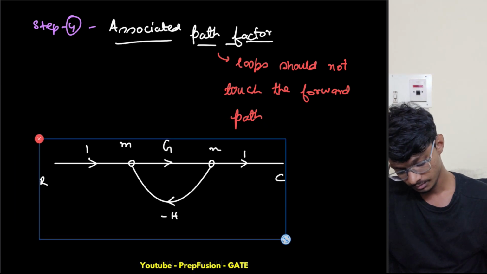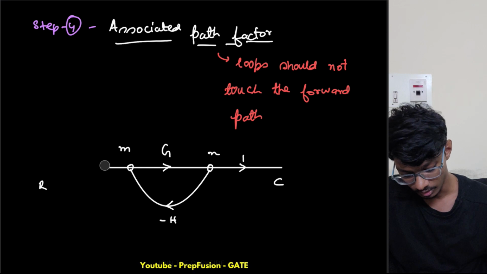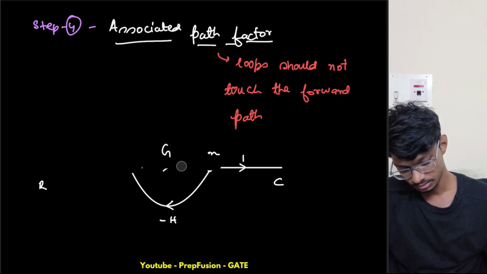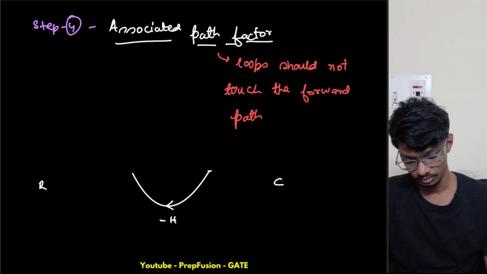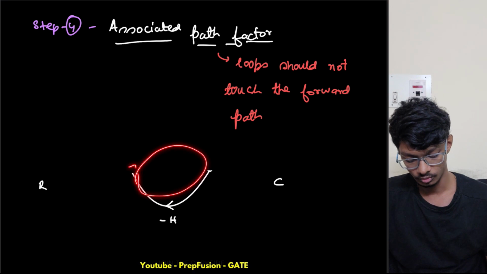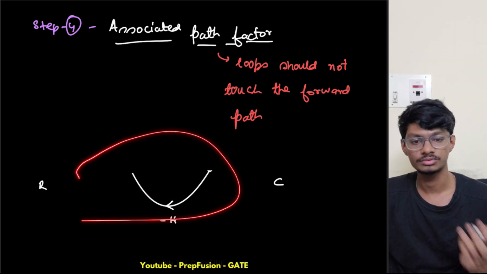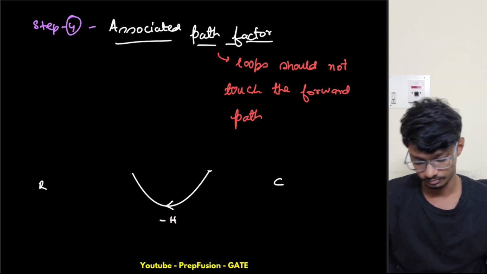So I will just delete this forward path, and along with this the nodes will also get deleted. Do I have any loop remaining? This was the loop, but this node got deleted and this branch also got deleted, so I don't have any loops remaining. If I don't have any loops, the loop gains will be 0.